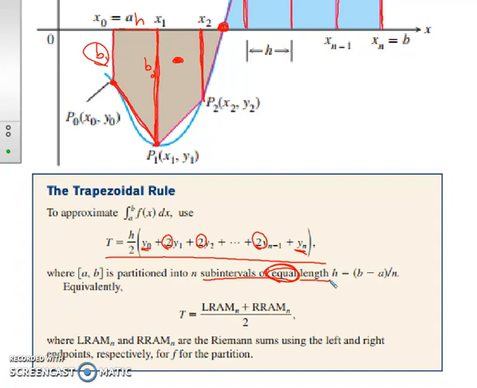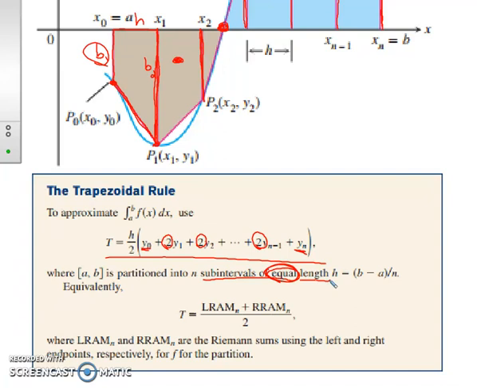Now, another helpful way to find trapezoidal approximation is to take your estimate from LRAM and your estimate from RRAM, add them together and divide by 2. So the average of those actually equals the same approximation you would get using the trapezoidal rule formula.